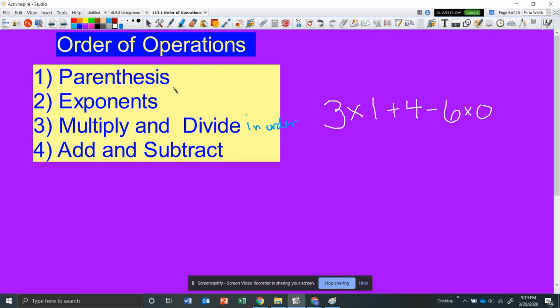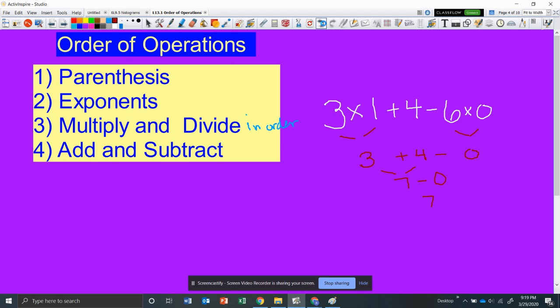No parentheses, no exponents. So now I gotta multiply. 3 times 1 is 3. Multiply. 6 times 0 is 0. And then the only thing I have left in the middle is the plus 4 and the minus 0. So that's 7 minus 0, which is 7.